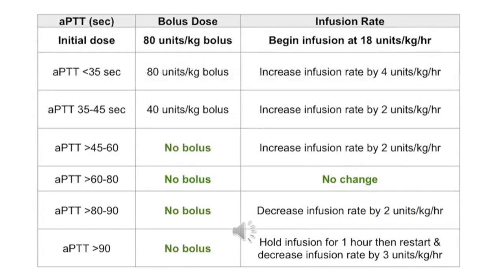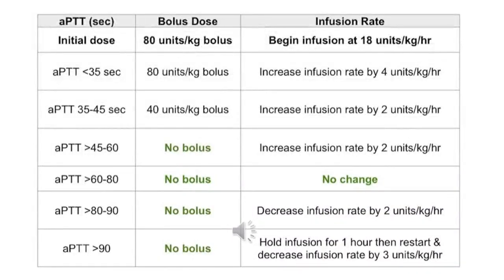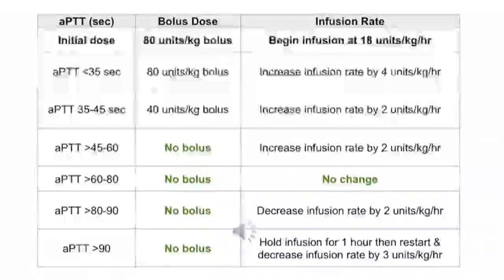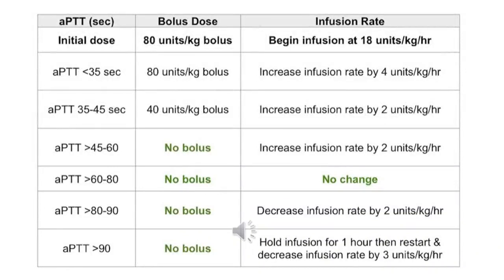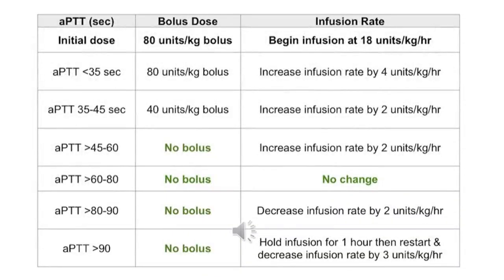Then if we look to the right, it says increase the infusion rate by 2 units per kilogram per hour. Again, if our patient is 10 kilograms, that means we are going to take our infusion rate and increase it by 20 units per hour, right? So we're going to increase it by 2 units per kilogram per hour. I'm just using 10 kilograms because it makes the math easier, right?